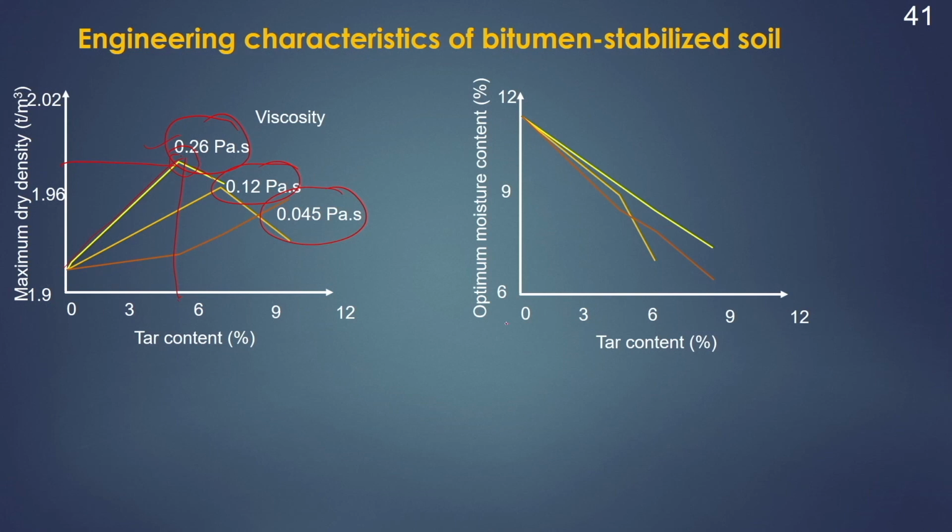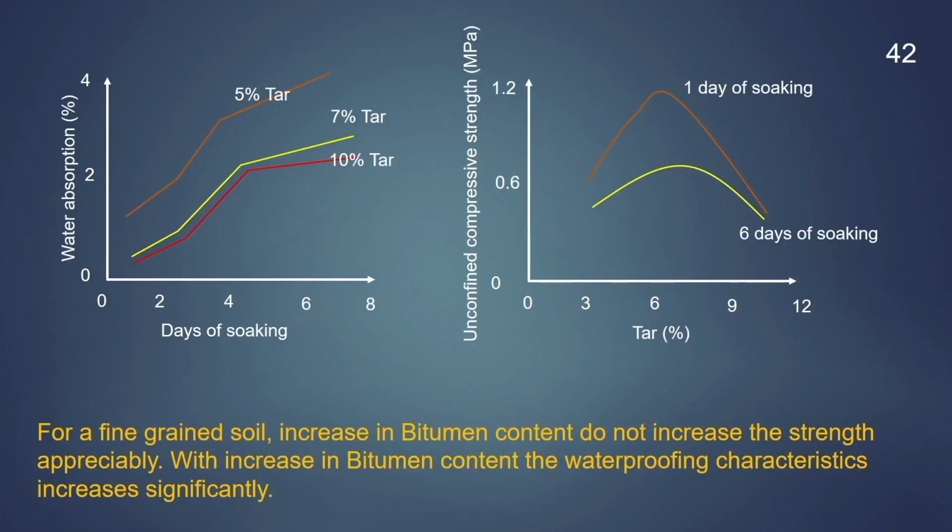If we compare the optimum moisture content, almost those will be identical, but at larger water content there will be a difference, and the OMC for a highly viscous tar will be more in comparison to the less viscous tar. If we see the water absorption of tar treated soil, then we could see that by adding tar to the soil, the water absorption capacity of the soil is decreasing.